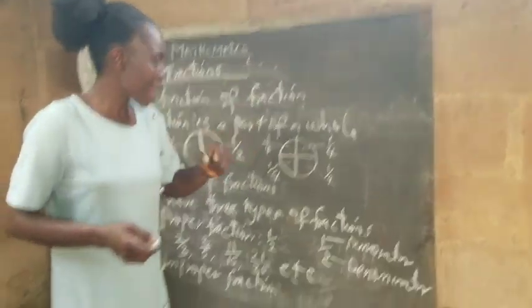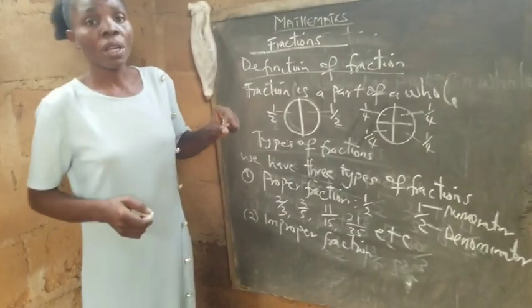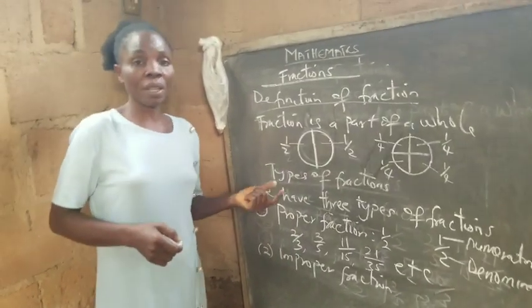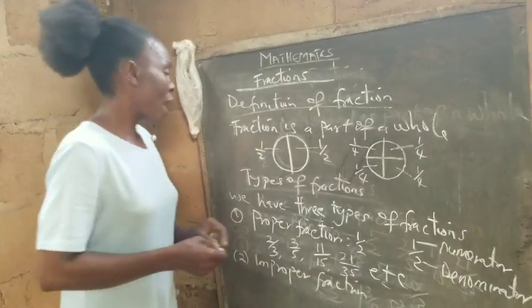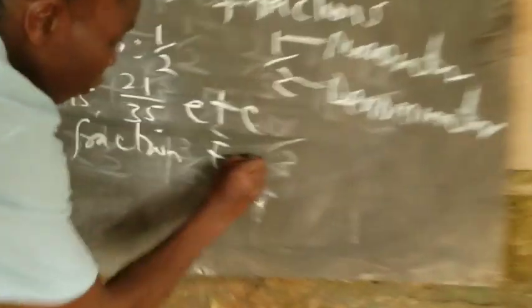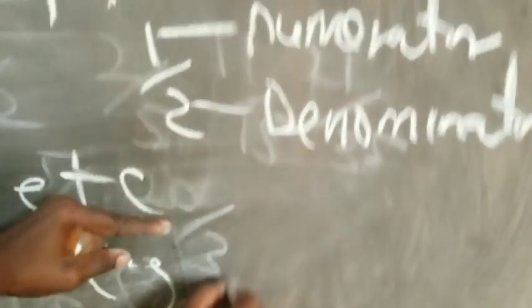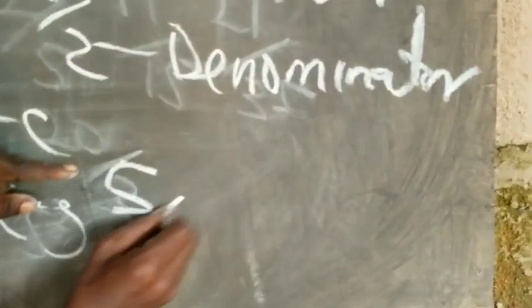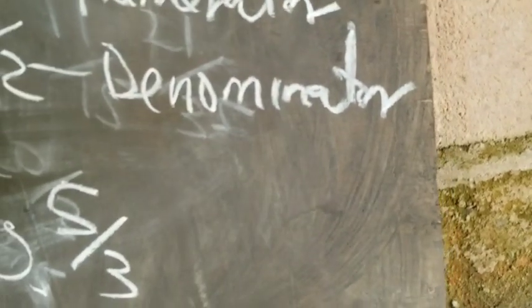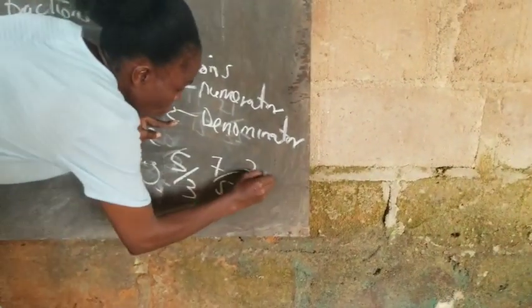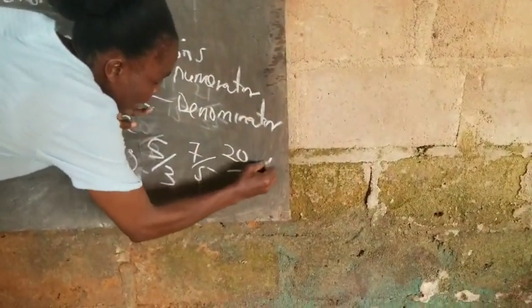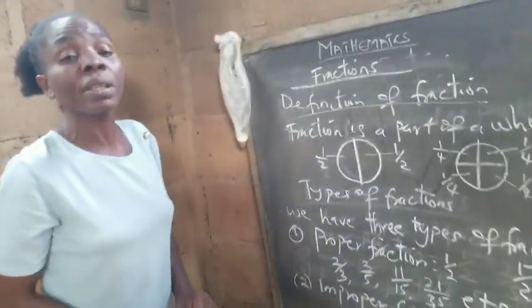Remember, either you say the denominator is less than the numerator, or you say the numerator is greater than the denominator. Examples of improper fractions: 5 over 3, 7 over 5, 20 over 3, etc. These are examples of what?